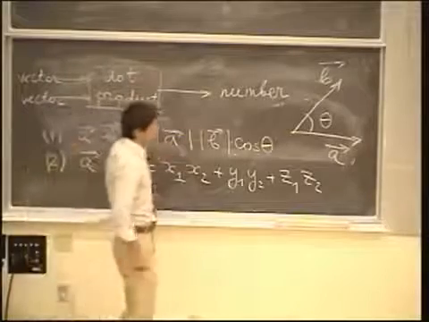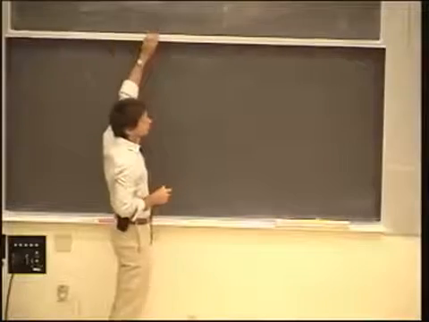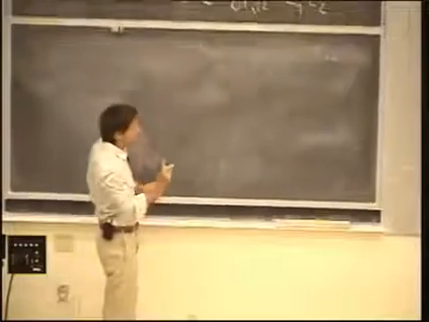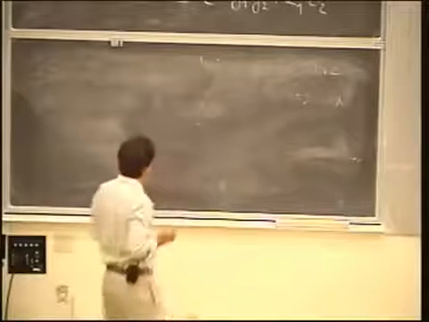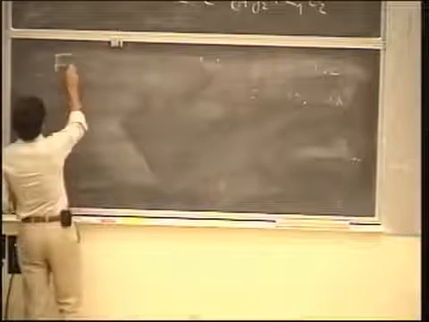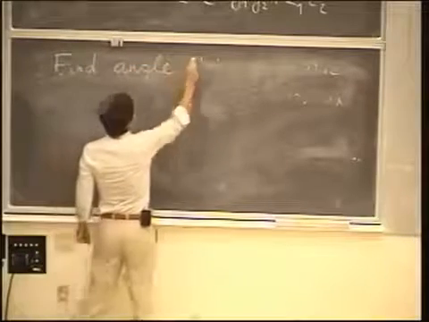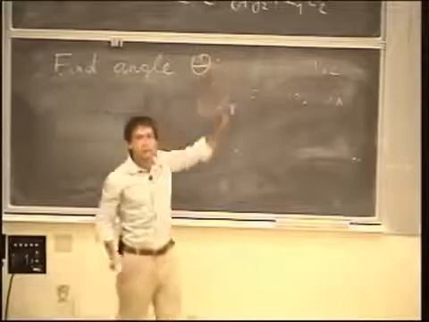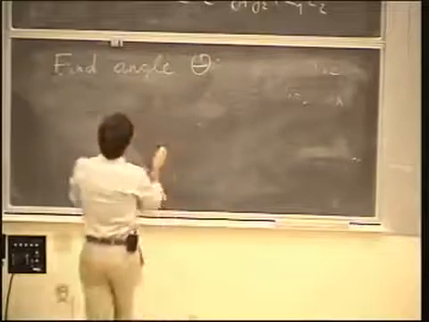Now, we can play with these formulas, and we can derive useful information about vectors by using the fact that both formulas give us the same answer. For example, we can find the angle theta between the two vectors by combining these two formulas.